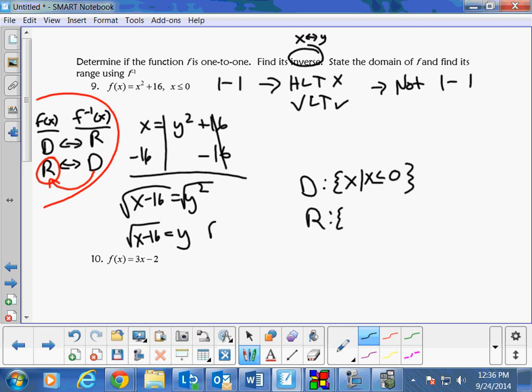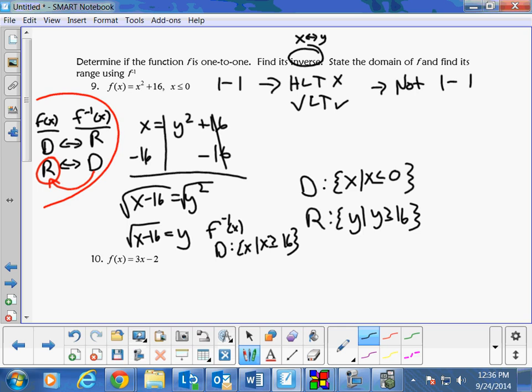Well, actually, I could write here, f inverse of x, domain on it is really x such that x is greater than or equal to 16. And that's the range. The range is going to be y such that y is greater than or equal to 16.